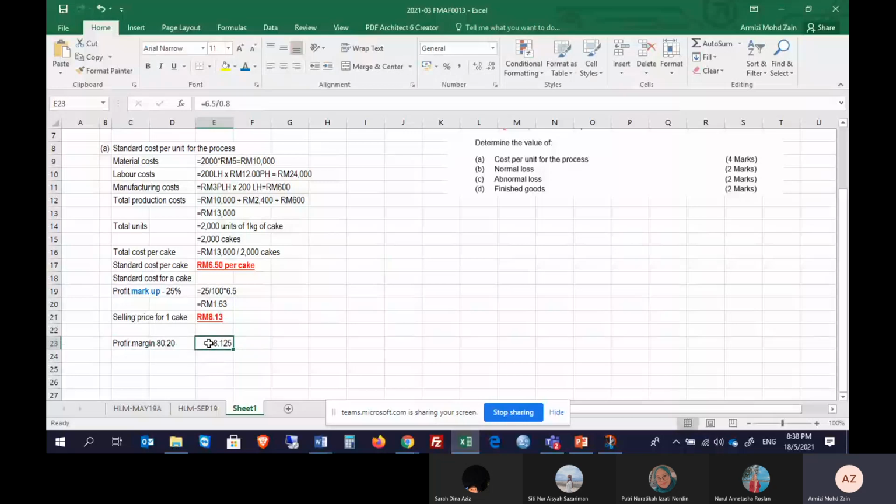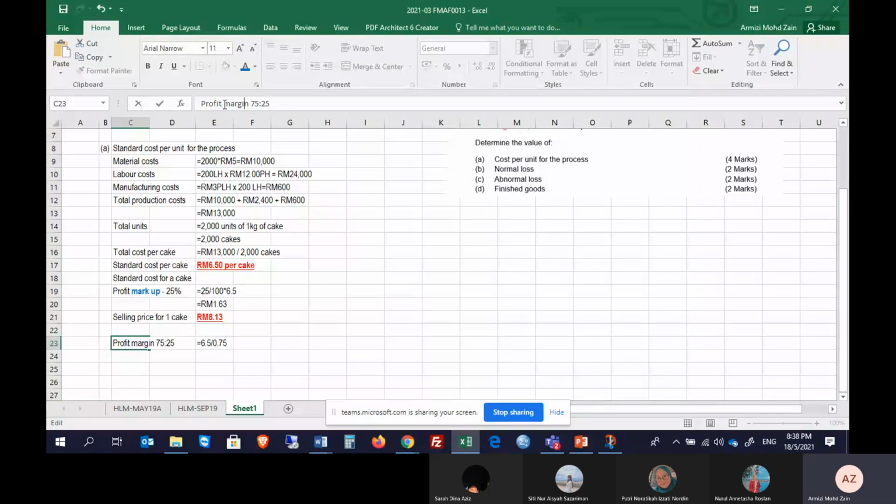So you akan jual 8.13. Okay, 25%, 100 tolak 25 lah, 75. You guna margin 75. So you guna 6.50 bagikan 0.75. So you kena jual RM8.66. Okay. So dia ada beza ya.